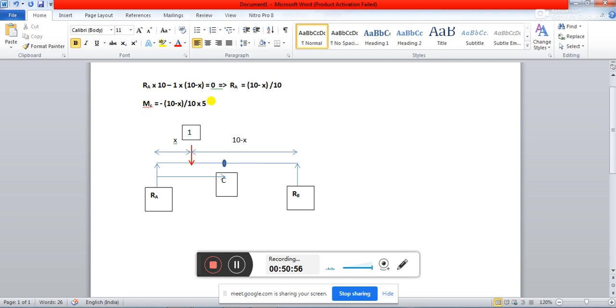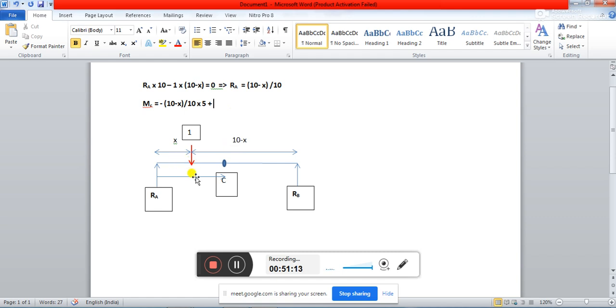Okay, and then this one force is also going to create a moment about it, and this is going to create an anti-clockwise moment. And if we take anti-clockwise moment as positive, then I'll take plus.